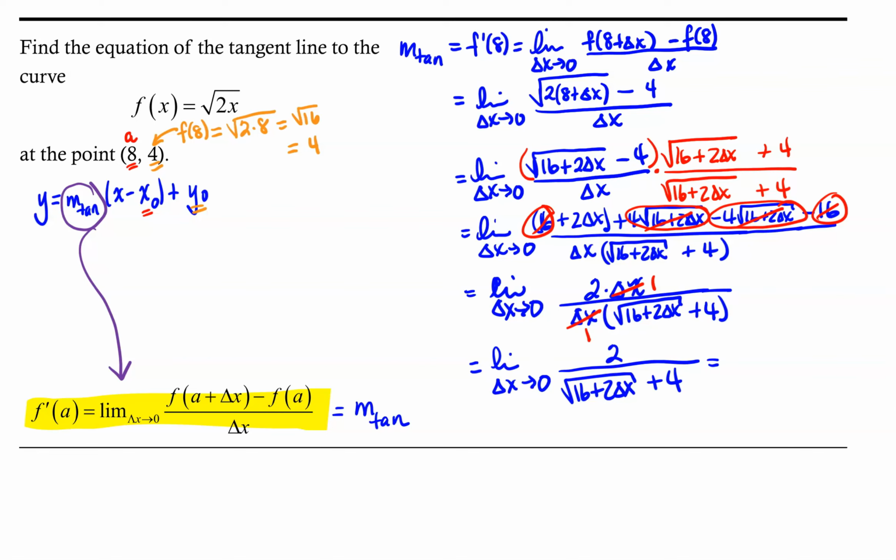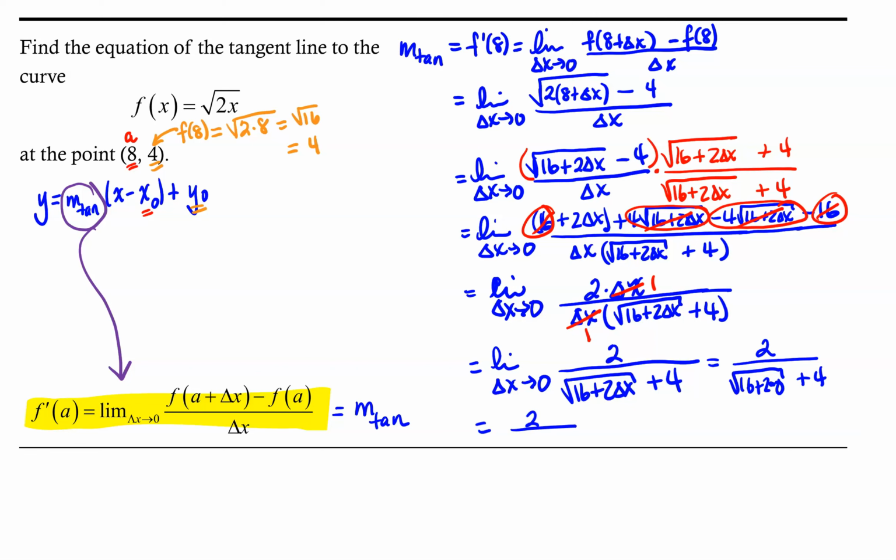As delta x goes to 0, my numerator goes to 2. And as delta x goes to 0, my denominator, inside the square root, I'll have 16 plus 2 times 0, and then plus 4, which is going to give us 2 over the square root of 16 plus 2 times 0.